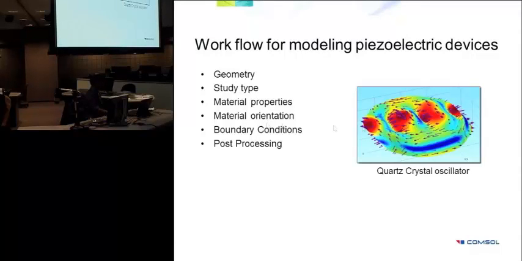For example, this is an AT cut quartz crystal. So there are Euler angles associated with it, which will tell you the direction of the material polarization. Then boundary conditions, and finally what we want to get from this analysis is an impedance plot, that is impedance versus frequency.